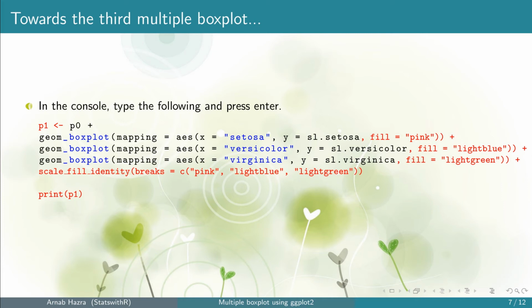If you want to check, try adding say alpha equals to 0.5 within geom_boxplot outside aesthetics. Also at the end, add the line scale_fill_identity, breaks equals to a vector of the colors we want. Note that we are storing all the layers so far into p1 and we will add the subsequent layers on the top of p1. Now press enter.